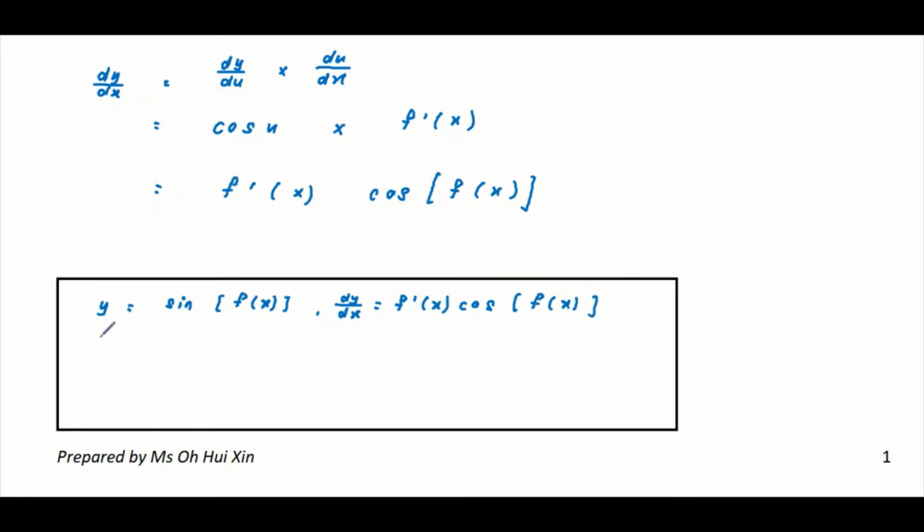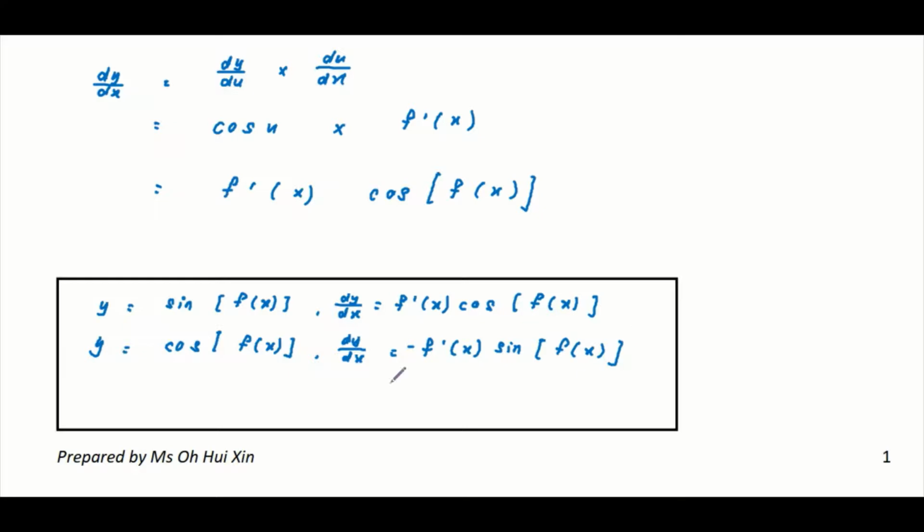Same thing, if you have y equal to cos f(x), you remember that when you differentiate cos, you get a negative sign. So dy/dx: you differentiate the function in the bracket, then it becomes negative sine f(x).